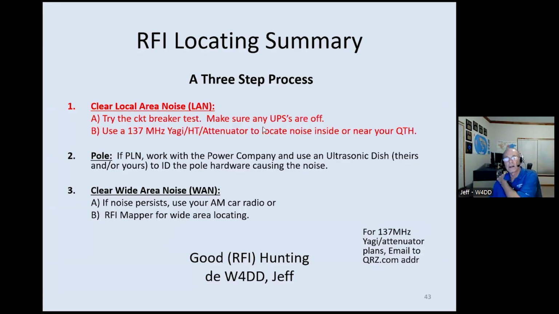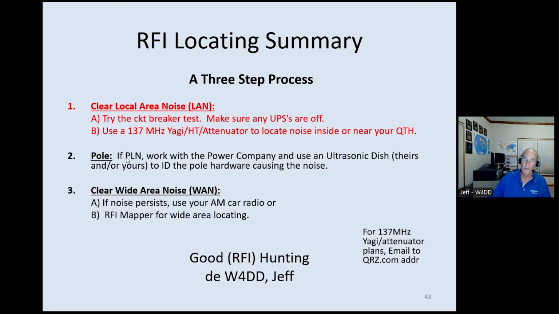So a little summary of RFI locating. Clear the local area noise, LAN, first. You do the circuit breaker test, simple, doesn't require any equipment. Make sure any UPSs, uninterruptible power supplies, are off. They can be very intense noise generators. And you want to use the 137 megahertz Yagi HT attenuator to locate noise inside your QTH or near your QTH.